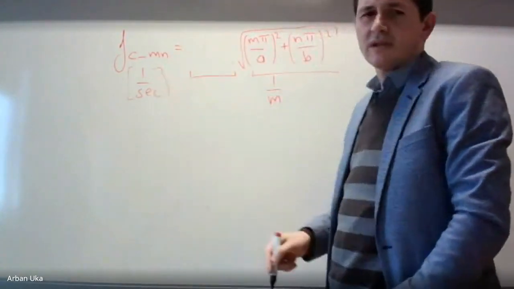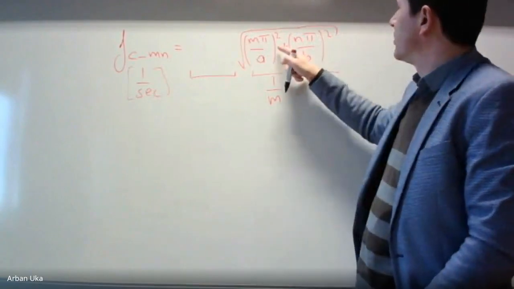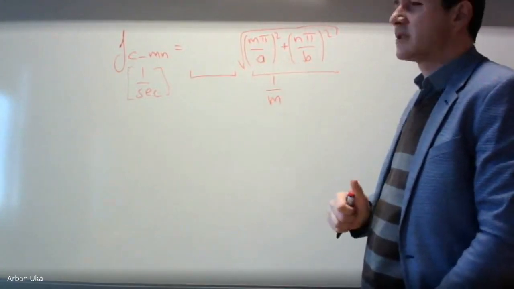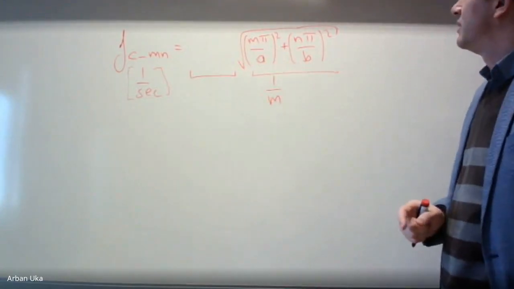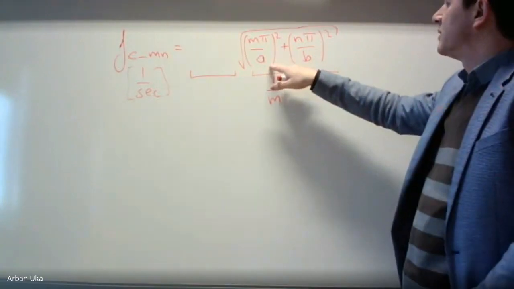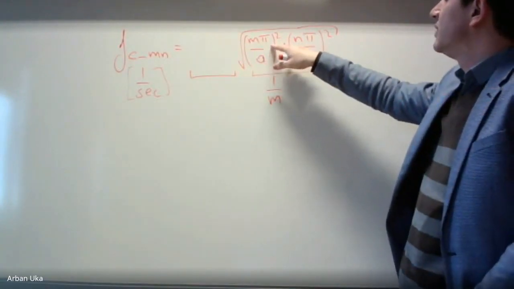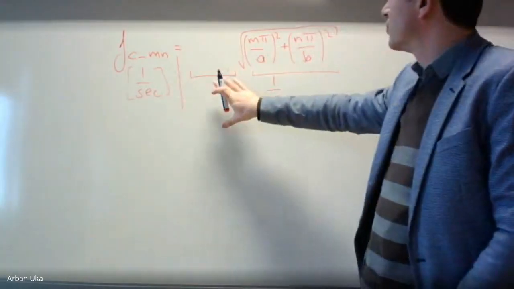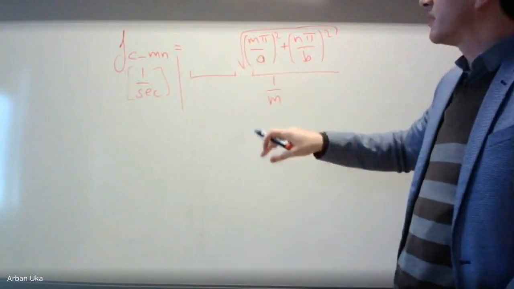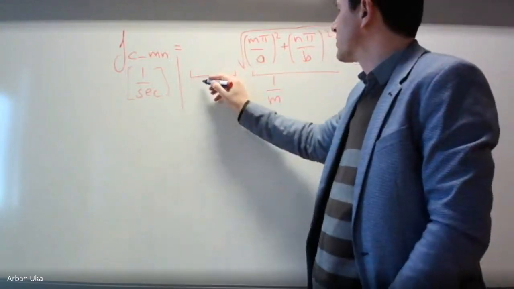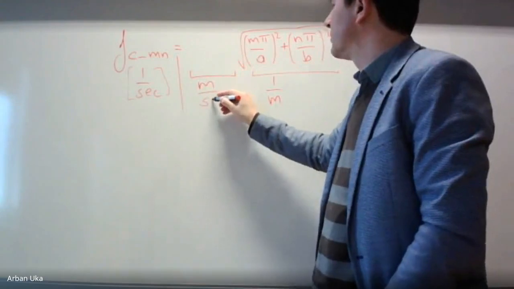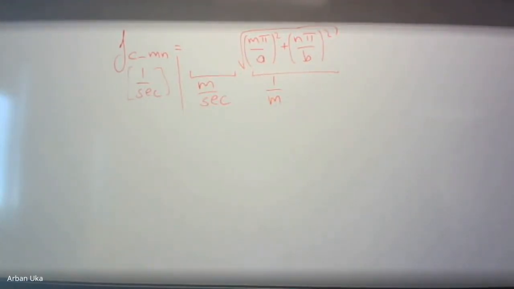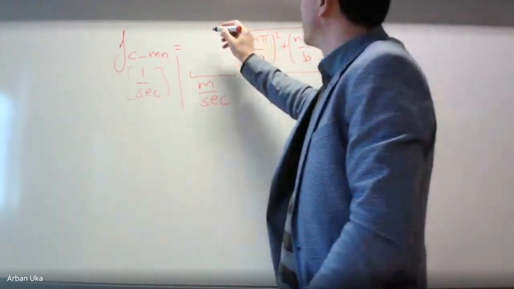So here the unit is 1 over seconds. The unit of this term, because m is a number, no unit, pi is just pi, it's also a number. A is measured in meters, so we have 1 over A, 1 over meter squared, square root is 1 over meter. But we have an equation in which the units, after they are multiplied, we should get 1 over second. So apparently, it is good if we multiply this side by a term which has a unit of meter per second.